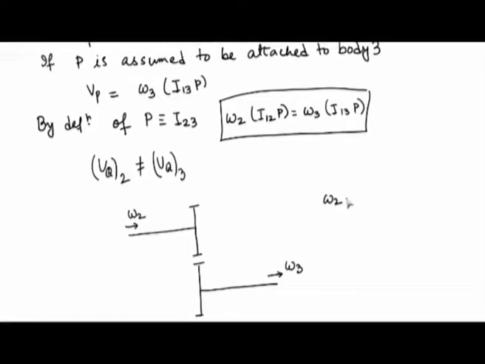Obviously omega 2 is not equal to omega 3 in general. We do not demand that omega 2 and omega 3 have to be equal, but all we demand is that omega 3 by omega 2 is constant for all time, right?